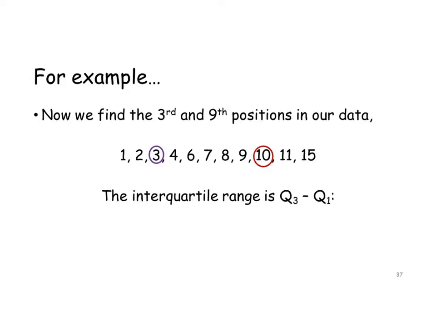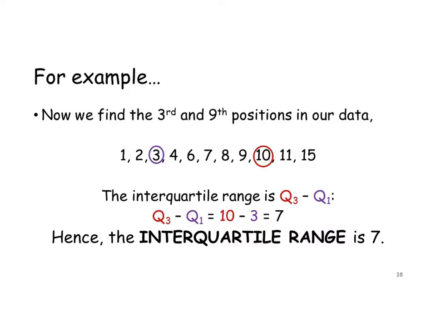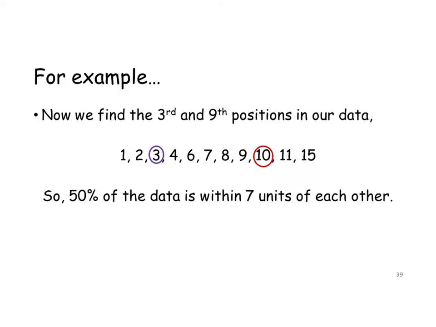Now the interquartile range, Q3 minus Q1, very easy, 10 minus 3 is 7. So the interquartile range is 7. So this means that 50% of the data is within 7 units of each other.